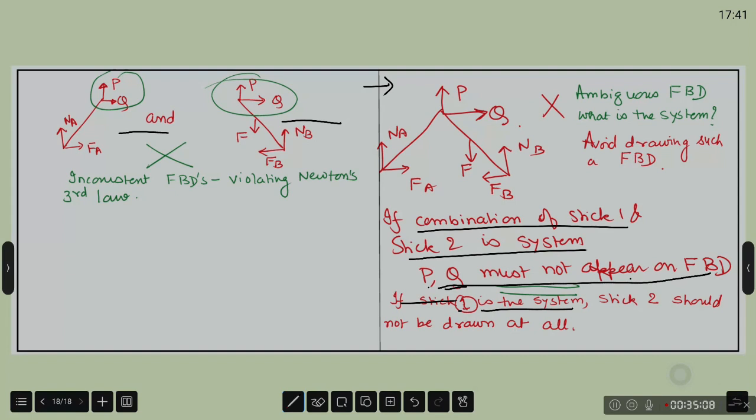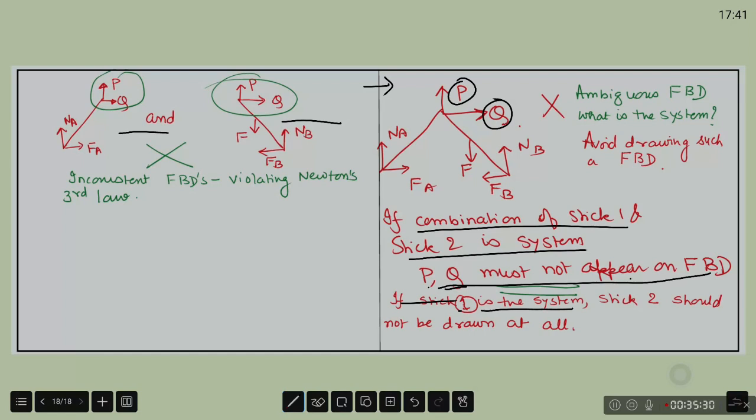Not only are P and Q appearing illegitimately here, there is another ambiguity. We don't know which stick P is acting on. It's acting on the left stick or it's acting on the right stick. Even that is not clear. So this kind of diagram is ambiguous in two ways.